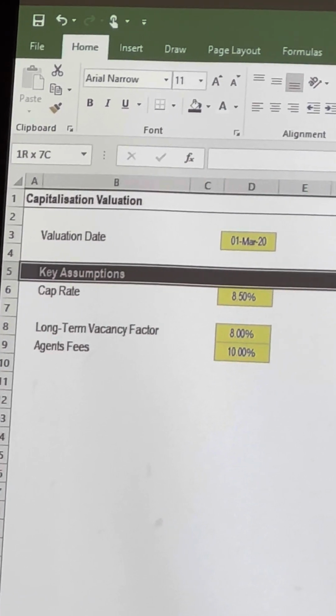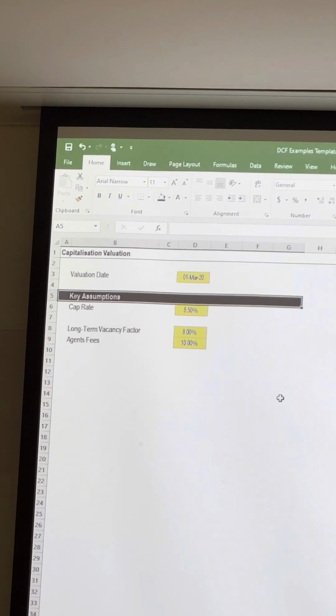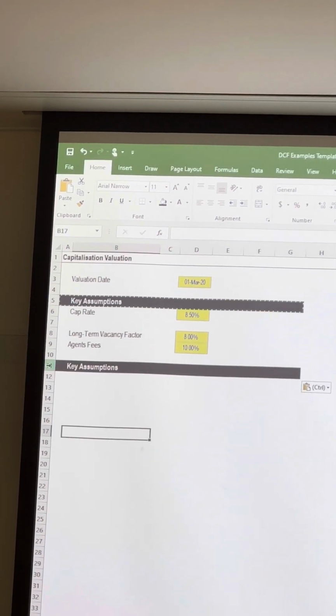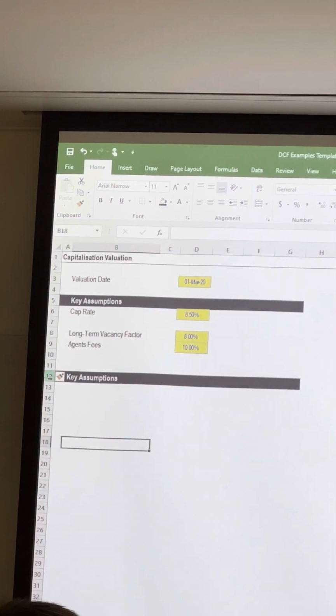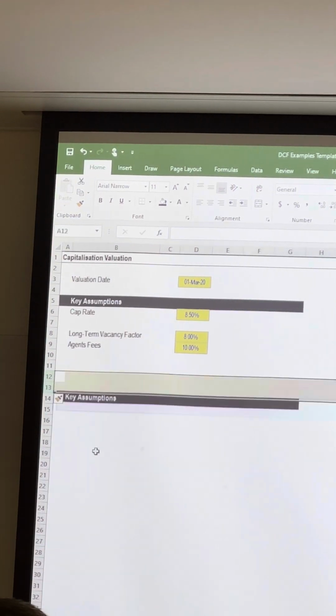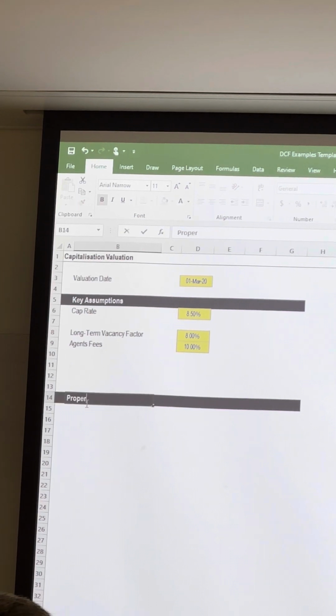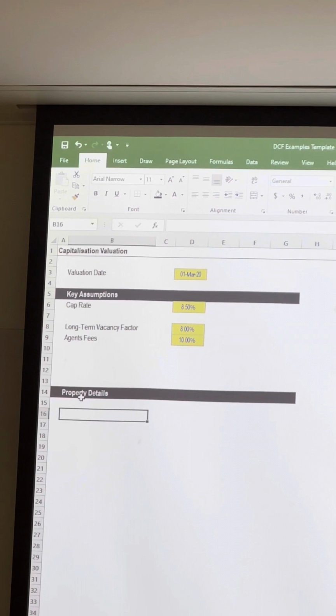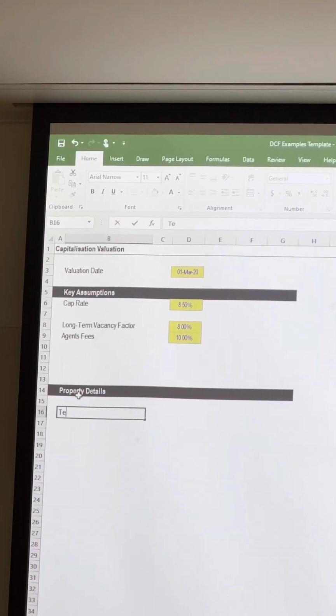So then we've got some of those key assumptions. We'll probably want to build up a picture of the property, like a mini tenancy schedule.